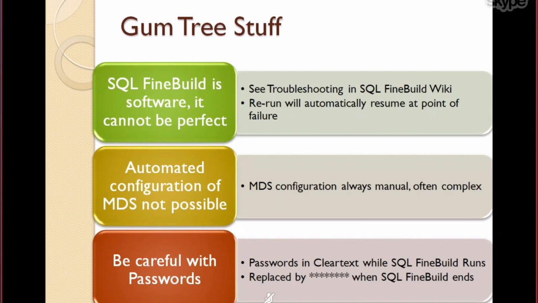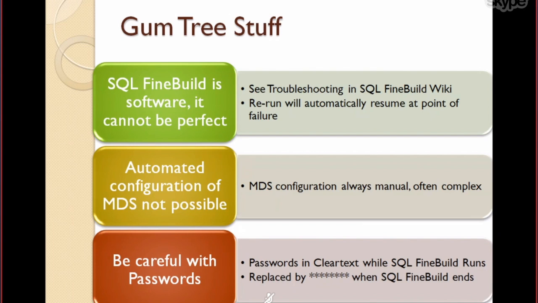The final thing, as said before, be careful with passwords. You will need to look after the folder where you keep all your parameter files that have passwords in. While FineBuild is running, all of your passwords are held in clear text within one of the files on the server that FineBuild is running on. If FineBuild completes successfully, all of those passwords will be replaced by asterisks.